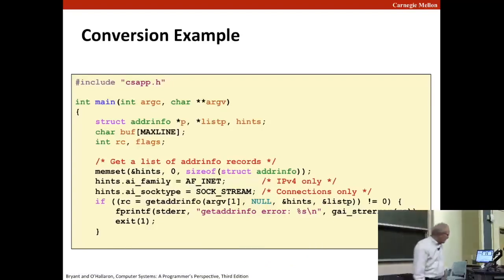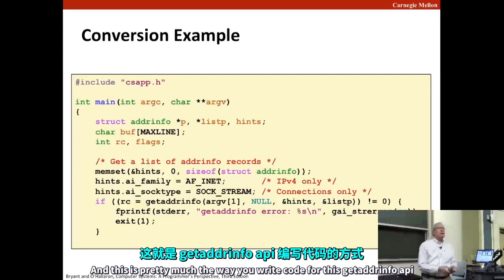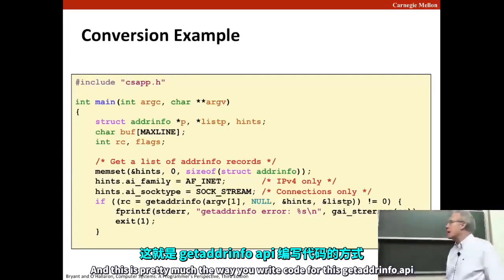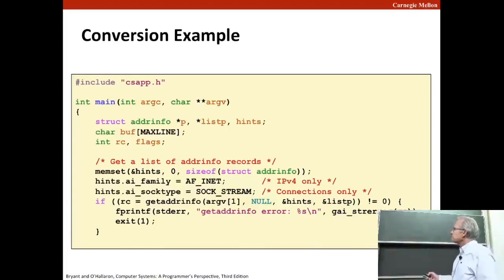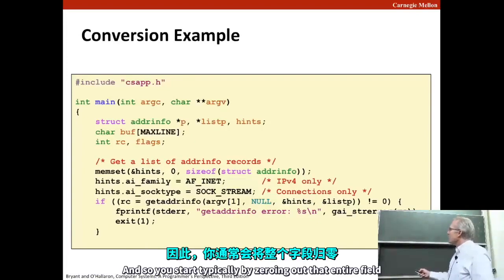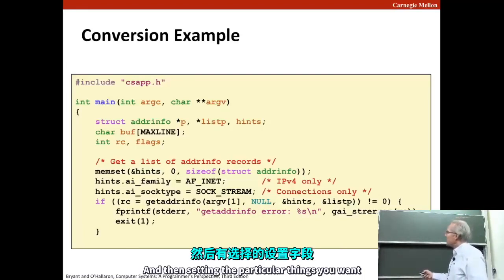This is pretty much the way you write code for this getaddrinfo API. Hints is the information I'm passing about what it is I'm looking for here. And so you typically start by zeroing out that entire struct and then setting the particular things you want.